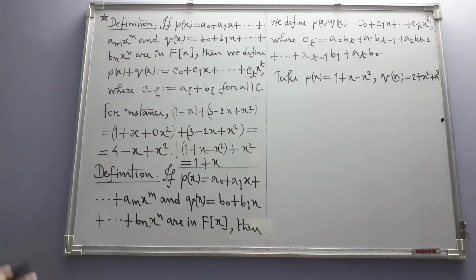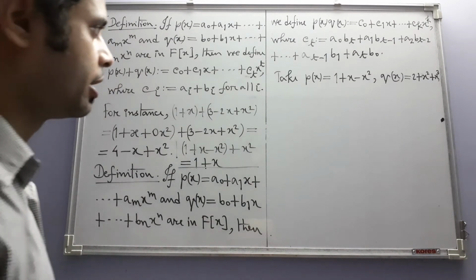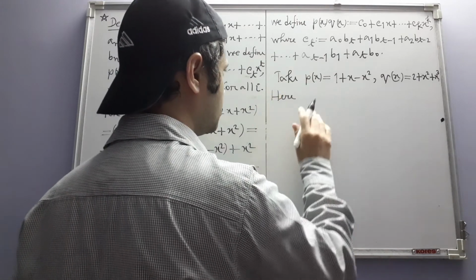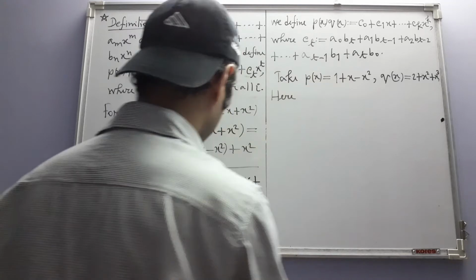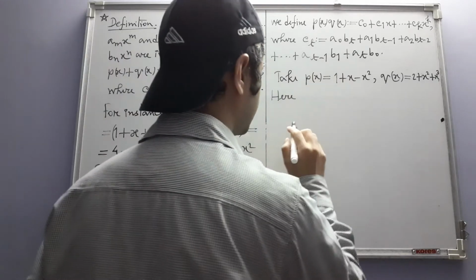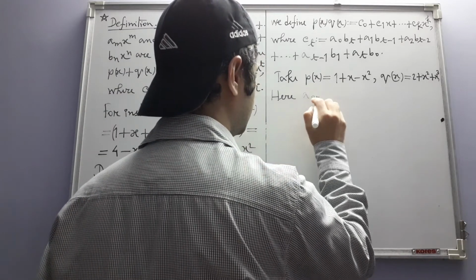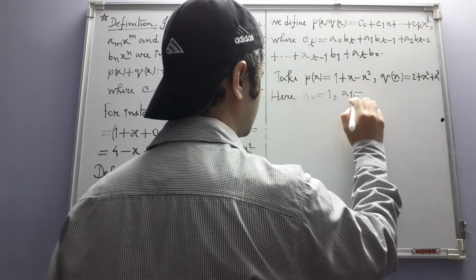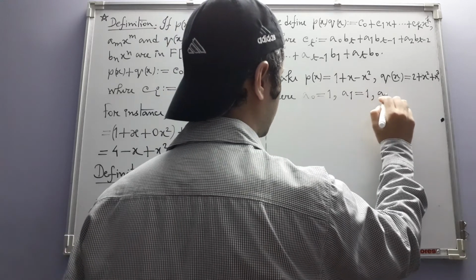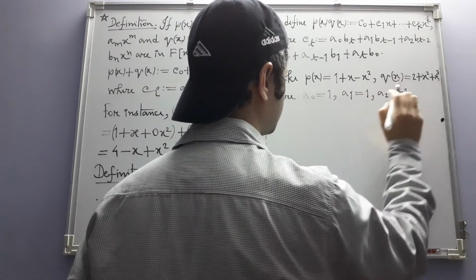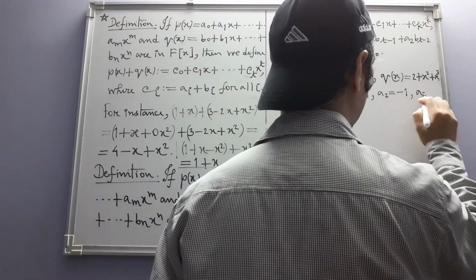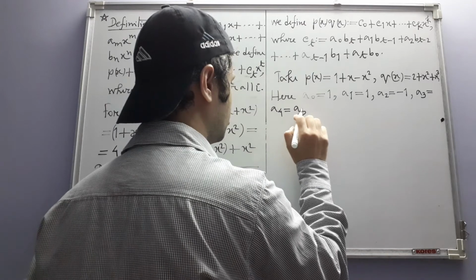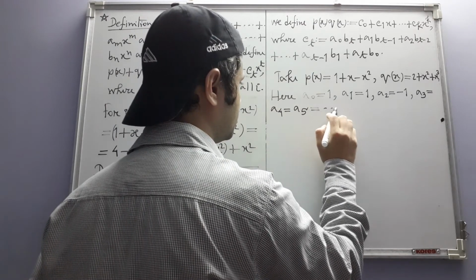Okay, now suppose we are going to calculate the product. So comparing them with the general expressions, we can see that here a naught is 1, a1 is also 1, a2 is minus 1, and a3, a4, a5, these all the other coefficients are 0.